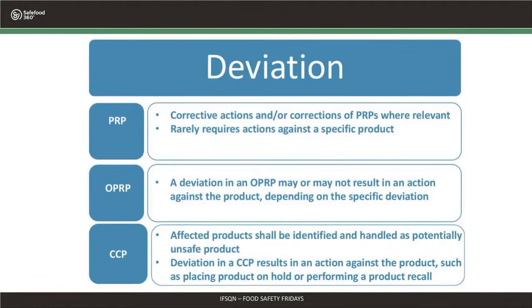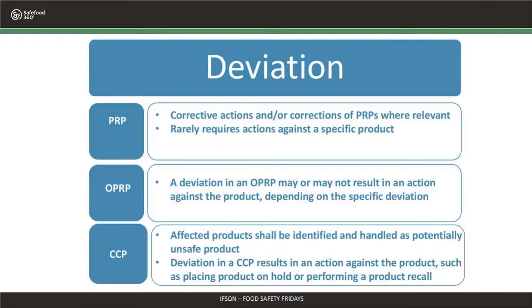If we have a deviation for a PRP, we'll put in place corrective actions or corrections. Rarely, if there is a deviation or non-conformance in a PRP, we don't need to take specific action on a specific product.